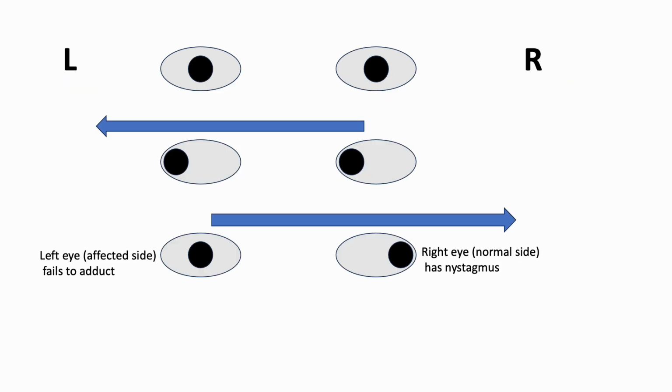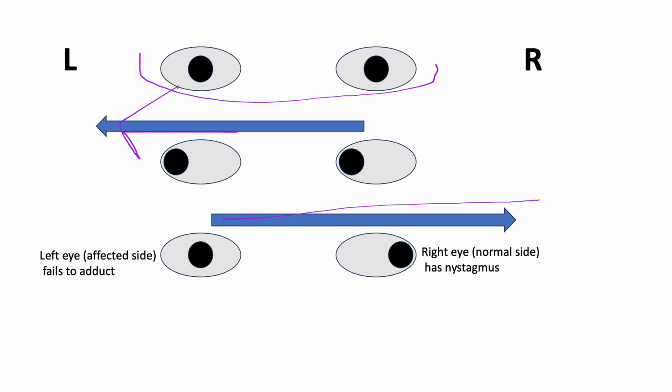Now, to further clarify this point, internuclear ophthalmoplegia, this is the eyes. They represent the eyes here. This is the baseline. They're just looking medially here. And then let's say you want to look towards the left, and we look towards the left here. It's normal. We can look towards the left. And let's say we have left MLF lesion.